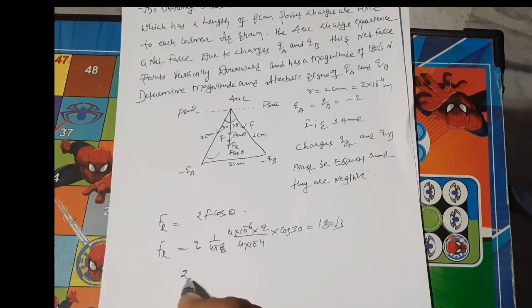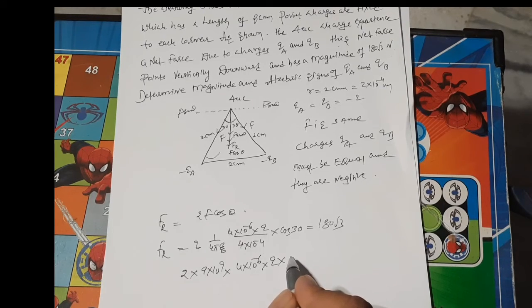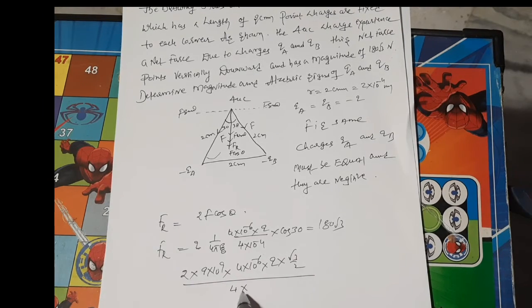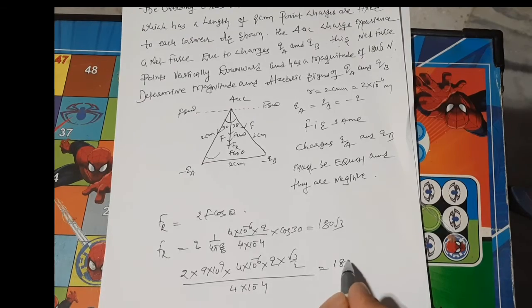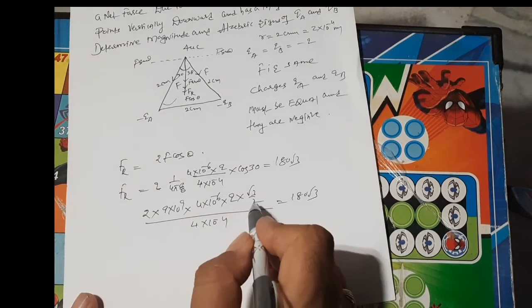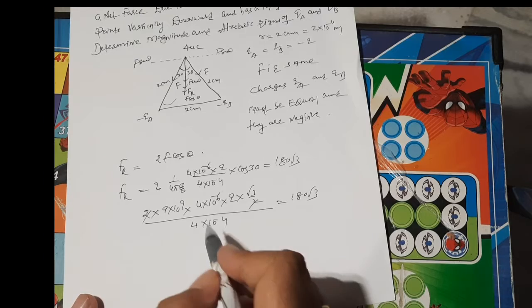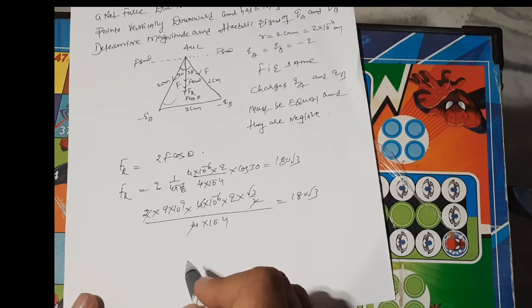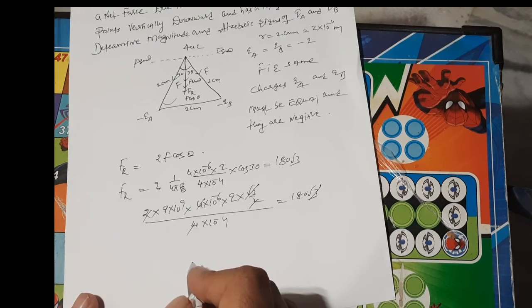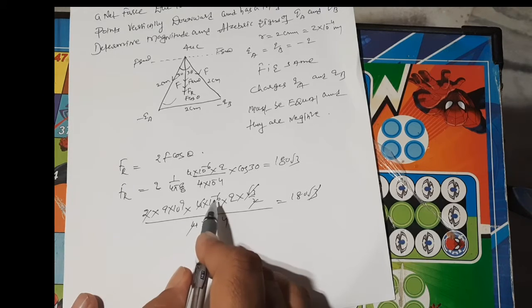So 2 into 1 by 4 pi epsilon naught, which is 9 into 10 to the power of 9, into 4 into 10 to the power of minus 6 into Q into cos 30, which is root 3 by 2, whole divided by 4 into 10 to the power of minus 4, is equal to 180 root 3. Here 2 cancels, 4 cancels, root 3 cancels.